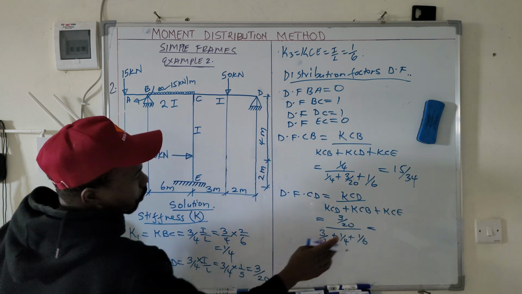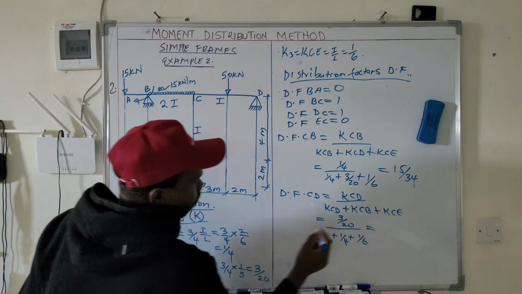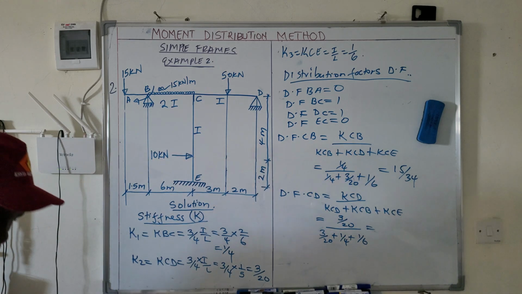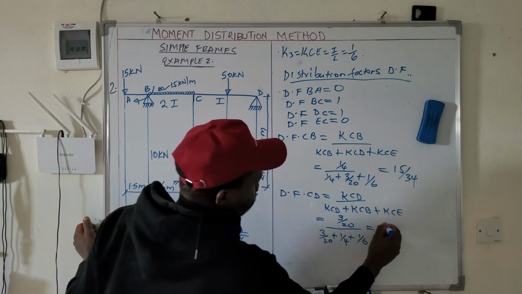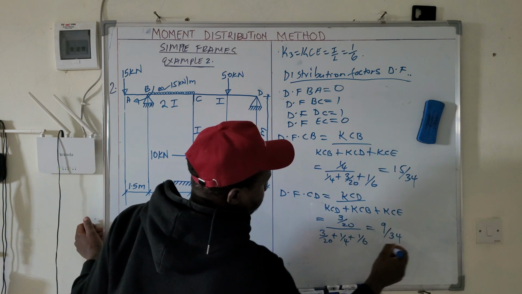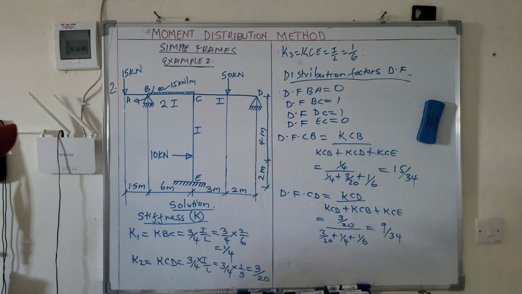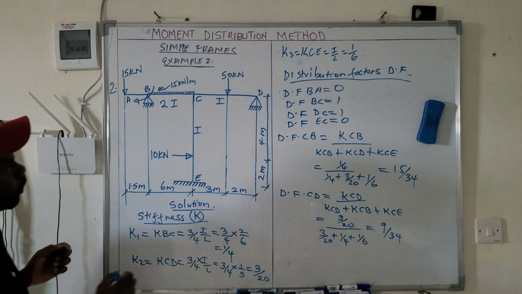So the answer, again, punch in your calculator, is 9 over 34. So 9 over 34.